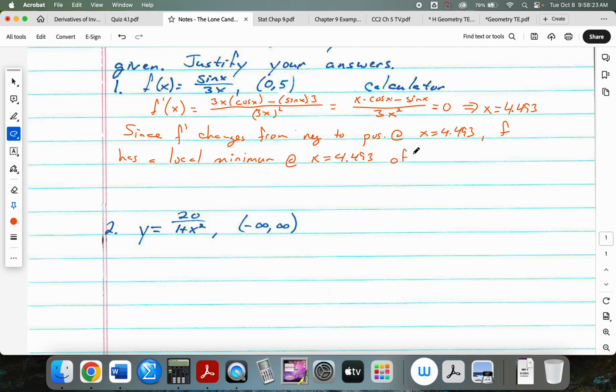Of f of 4.493, which is equal to, let's see.